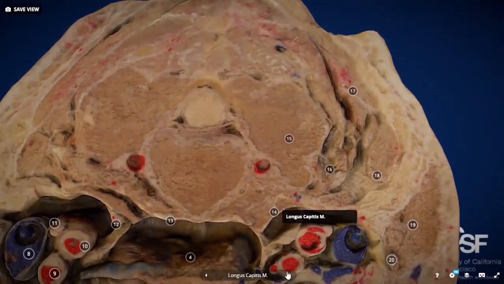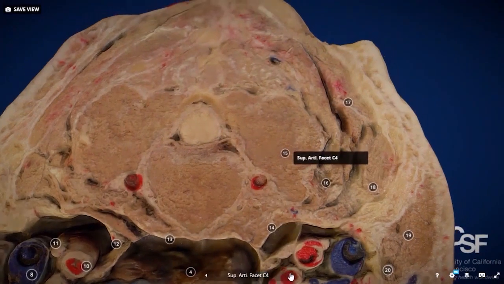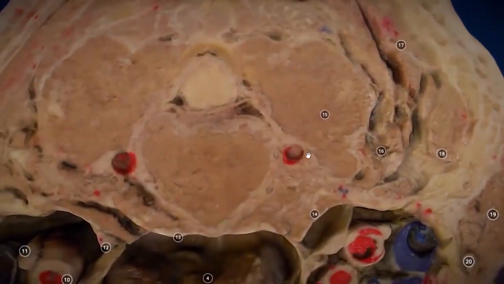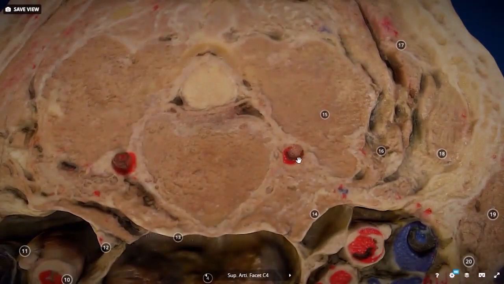Now, lateral to the longus colli, we have the longus capitis muscle, and then we move posteriorly to identify the superior articular facet of C4. What we see right here is the left vertebral artery and right vertebral artery.